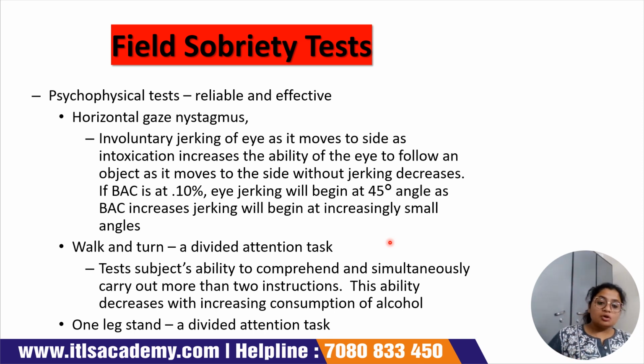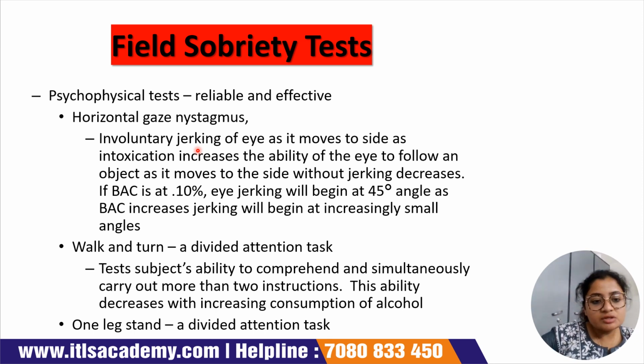Talking about the psychophysical tests, they are very reliable and effective. What we will do is the nystagmus test. Nystagmus basically means rapid movements of the eyes, which are particularly seen in drunk persons.